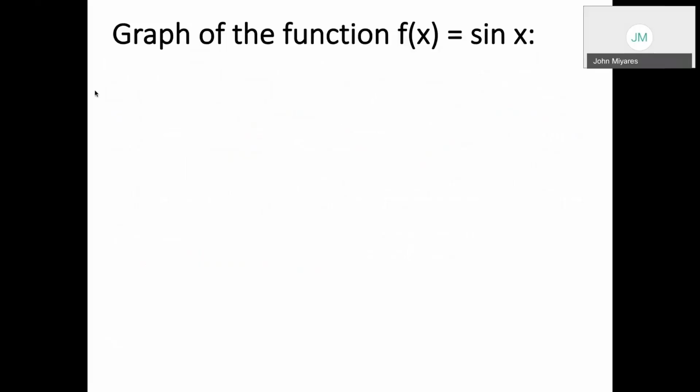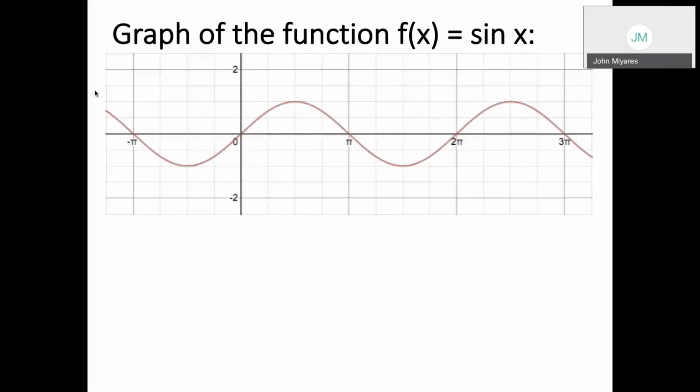So the graph of the sine function is going to follow this same pattern of going up and down and up and down that we saw before when we were looking at it in Desmos. It won't matter if I'm going forward or backward, because this pattern is just going to keep repeating itself.